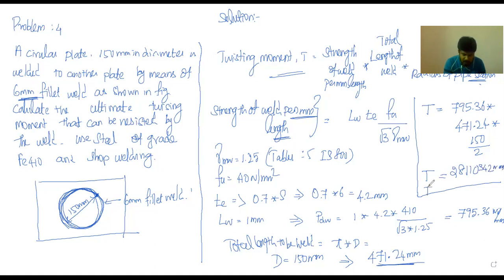Changing to kilonewton meter, T is equal to 28.11 kilonewton meter is the twisting moment. So this is how we calculate the twisting moment in the circular plate section.